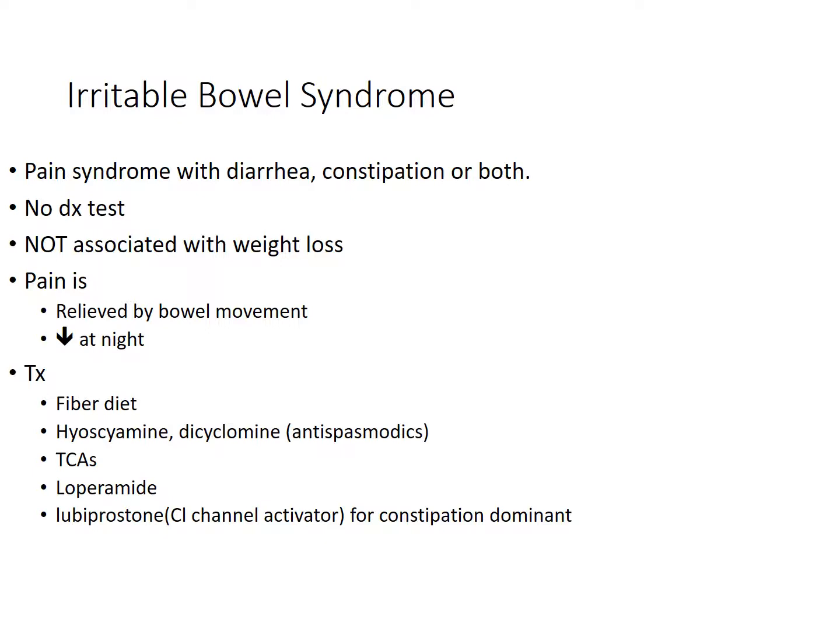And then there's the chloride channel activator, lubiprostone, which is for your constipation dominant. And then there's other ones such as Xifaxan or rifaximin, which is actually an antibiotic. That is a newer treatment for IBS as well. I believe it's for diarrhea dominant IBS.